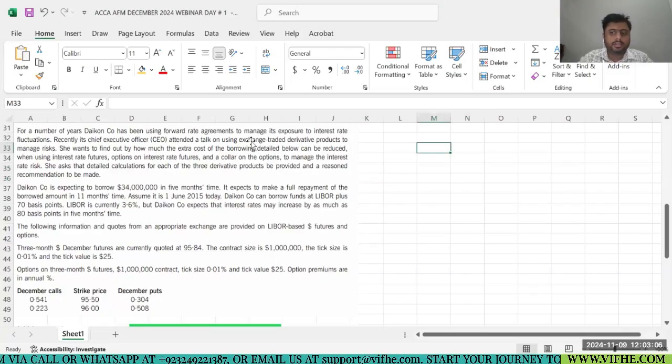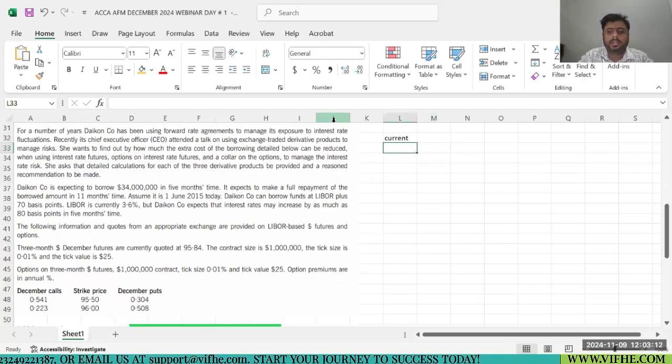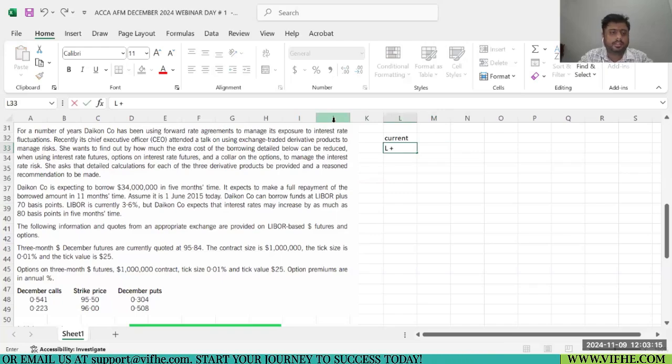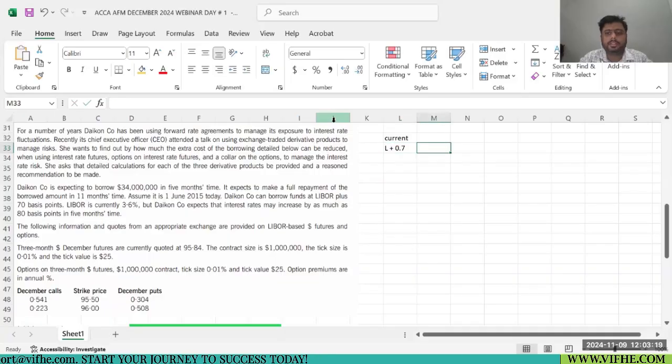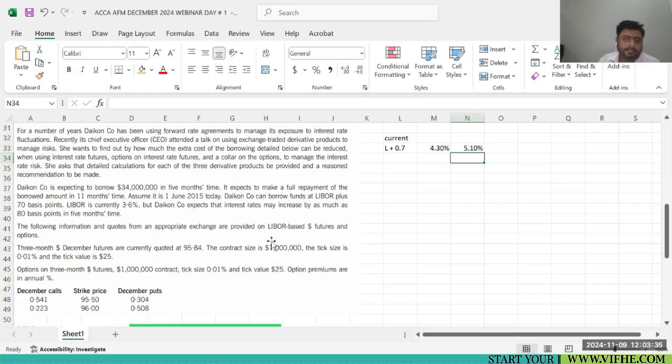Currently, what is happening? The borrowing rate is LIBOR plus 0.7. So if LIBOR is 3.6, 3.6 plus 0.7 is 4.3%. But if LIBOR increases by 0.8, it will be 4.4. So 4.4 plus 0.7 will be 5.1%. So there is going to be an increase.